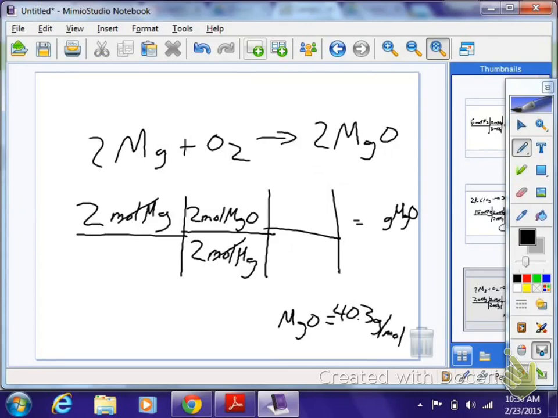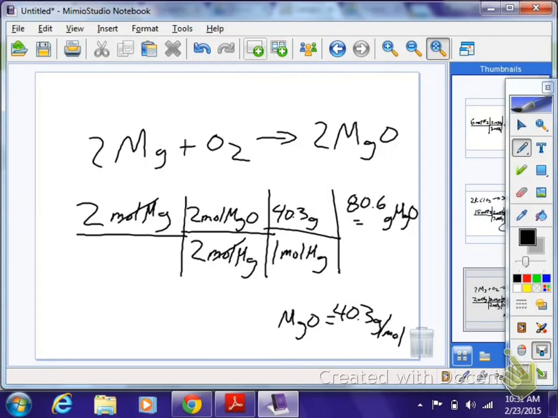The next step, though, down here, again, there's a tendency to write 2 again, and you only do it one time when you do the mole ratio. So down here you put 1 mole of magnesium oxide, and up above you put the grams to that 1 mole, which is the molar mass. So basically it's 2 times 40, which would be 80.6. And that would be your answer. Okay?